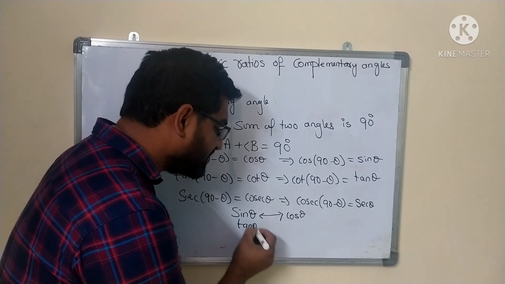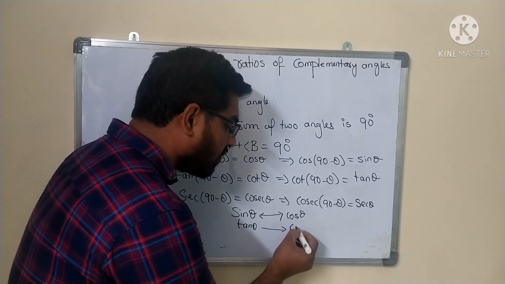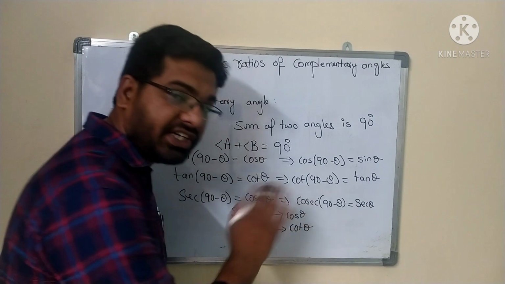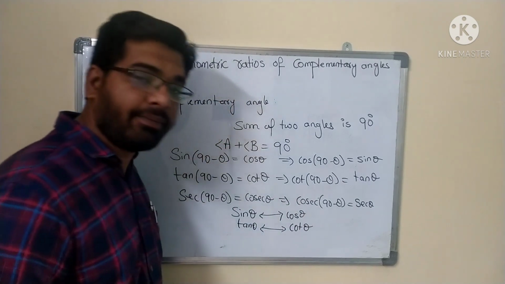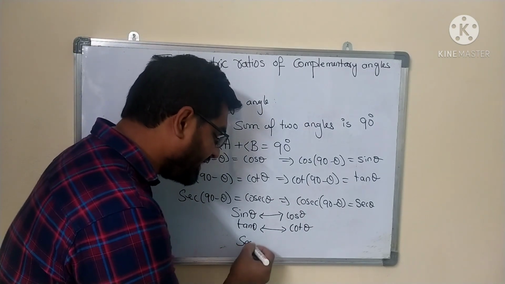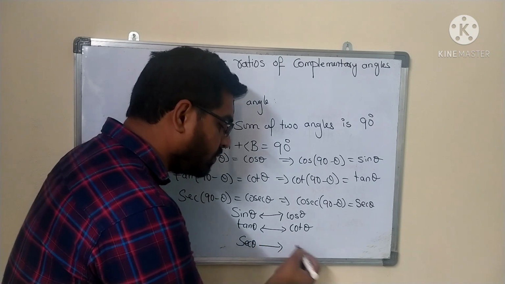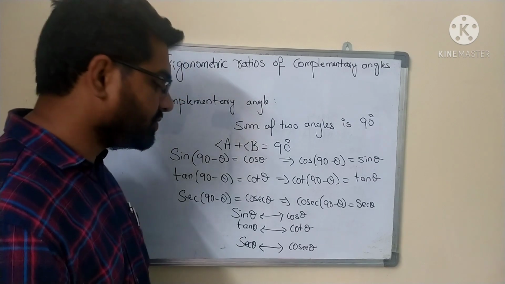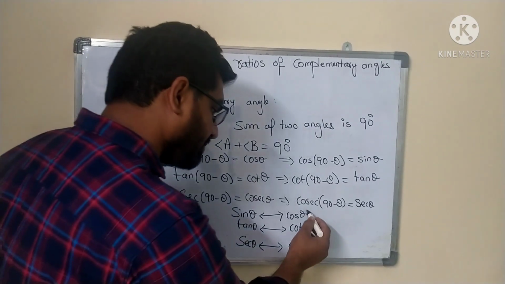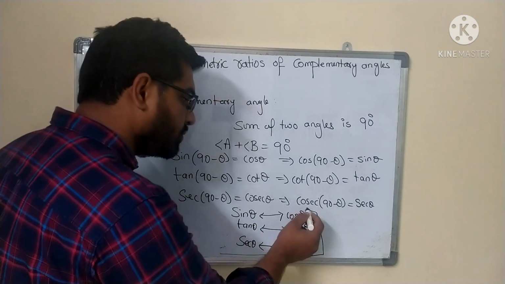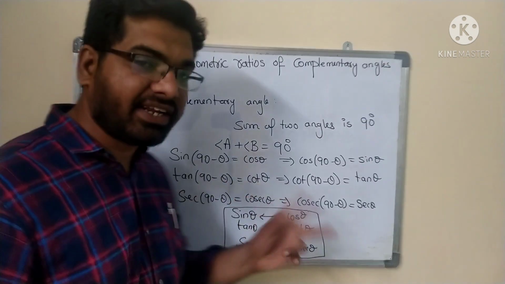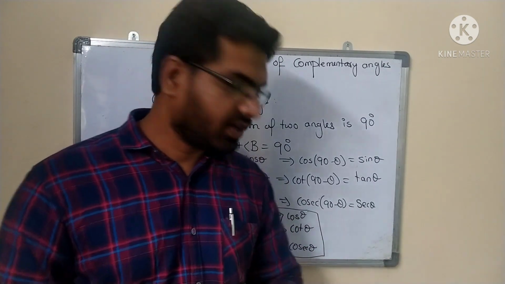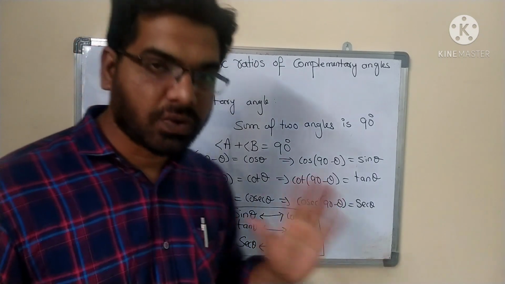Tan theta changes into cot theta and cot theta changes to tan theta, and secant theta changes into cosecant theta and cosecant theta changes into secant theta. ये main three चीजें हैं बच्चों जो आप लोगों को सीखना है. Sin cos, cos sin, tan cot, cot tan, and secant cosecant.